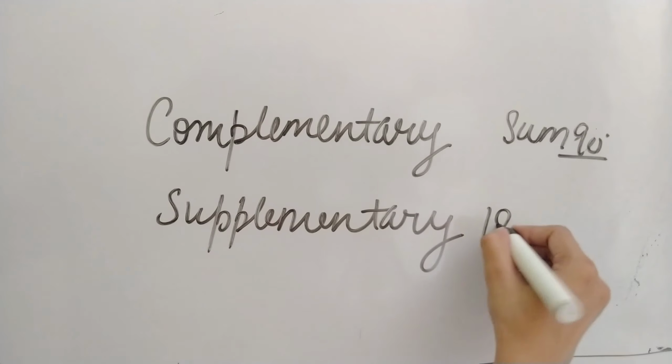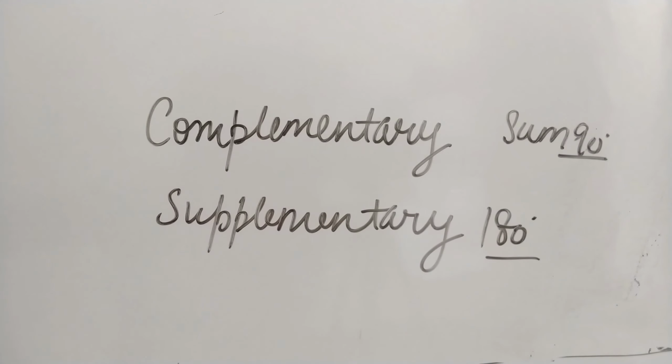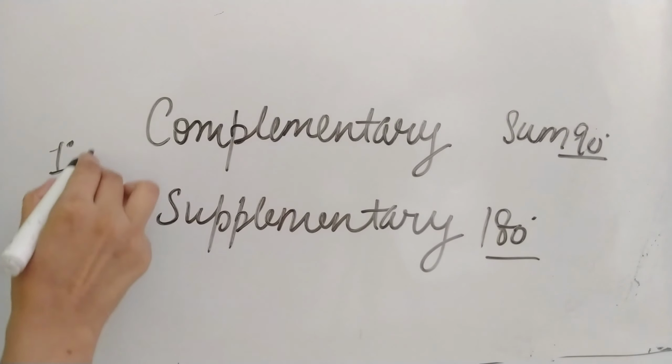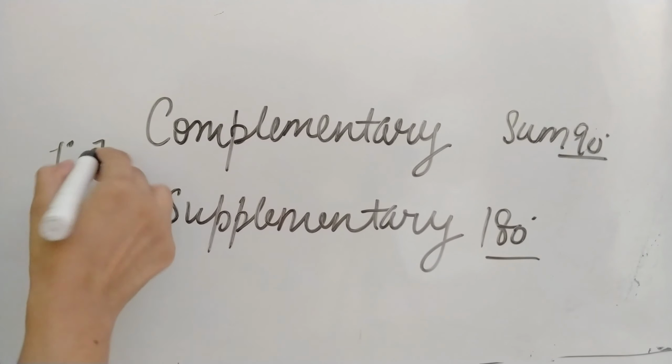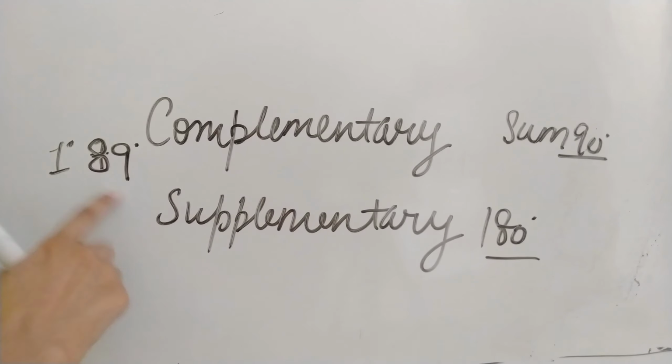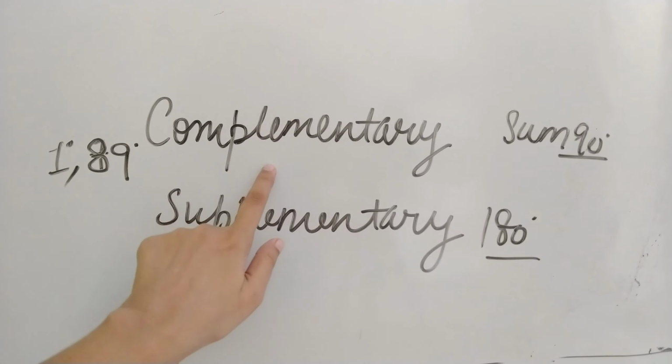The angles whose sum is 180 degrees are called supplementary. For example, if I take one angle as 1 degree and another angle as 89 degrees, the sum of these values gives me 90. That means they are complementary angles.